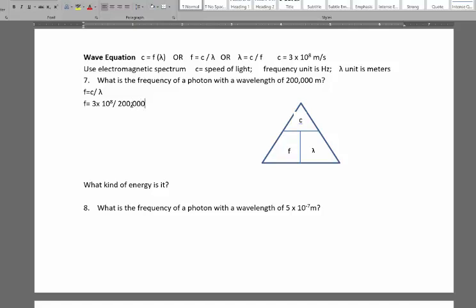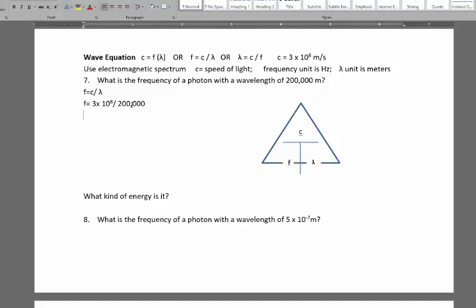Now, if you notice, this isn't going to work because you can't use scientific notation in a regular number. So we've either got to take 3 times 10 to the 8th out of scientific notation or put 200,000 into scientific notation. So we're going to put 200,000 into scientific notation.